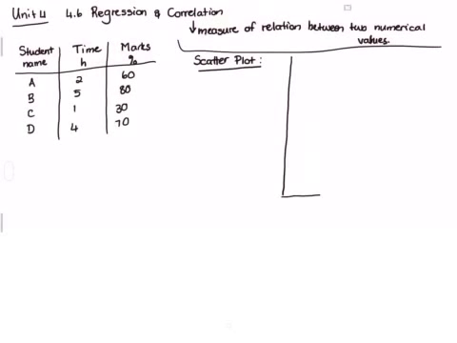What is my independent variable? My X is the hours studied. Remember again, be accurate. Use your ruler, mark off exactly to scale, otherwise your plot has absolutely no meaning.